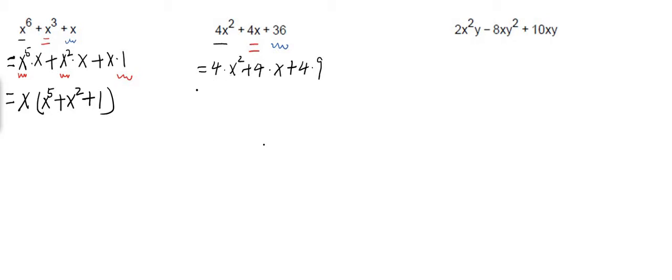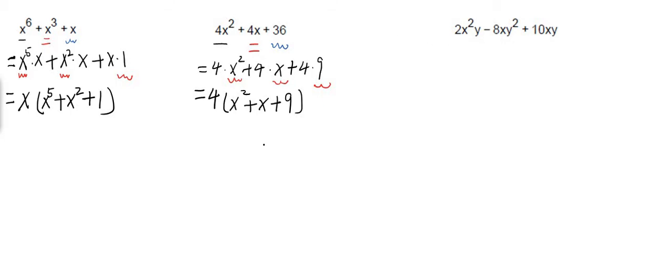And now we're gonna factor the 4. And the left term's gonna be x squared, x, and 9. So we can write down as 4 times x squared plus x plus 9. Okay? Now let's take a look the last example.